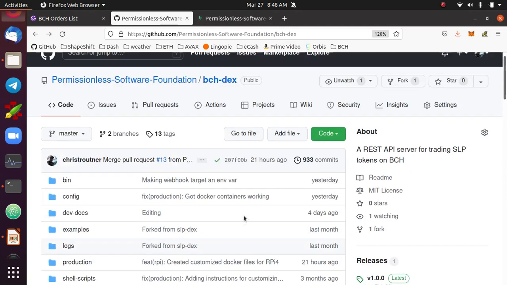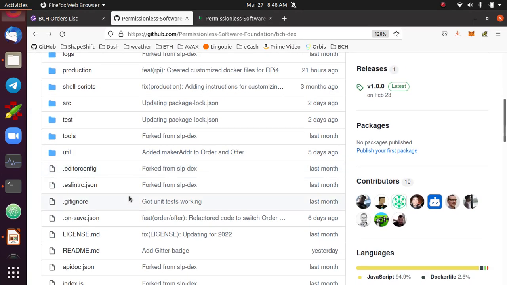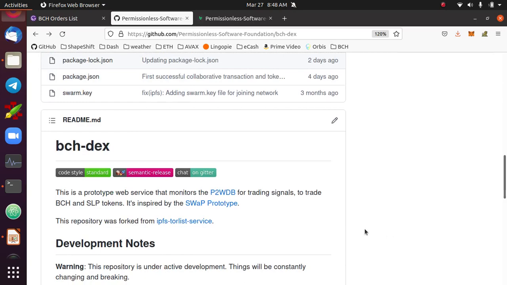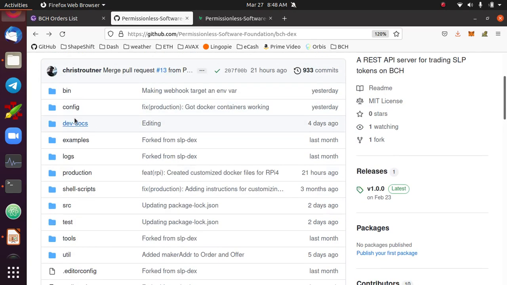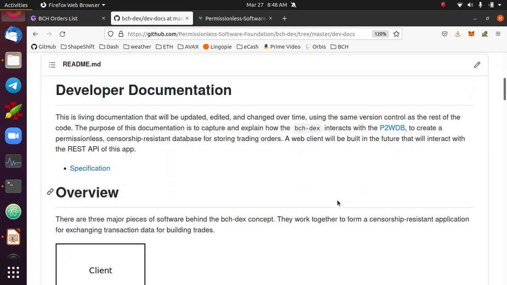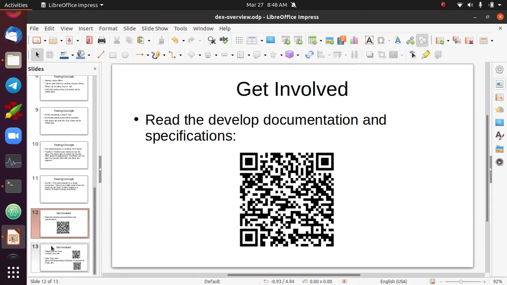The code is on GitHub. Of course, we're going to mirror this on Radical as well, so that in case GitHub decides to censor us in the future, we'll have backups on Filecoin and the Radical network. But that link will take you to this DevDocs directory, where the developer documentation as well as the specification are, where you can read more about this.